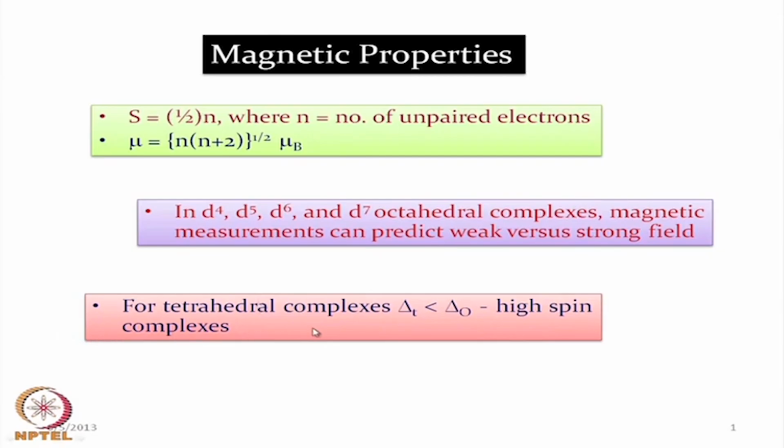But in the case of tetrahedral complexes, where delta tetrahedral is less than delta octahedral, we only get high spin complexes. For a typical distribution of these unpaired electrons in the different levels, we will find only the high spin configuration, for delta T, which is 4/9 of the delta octahedral.